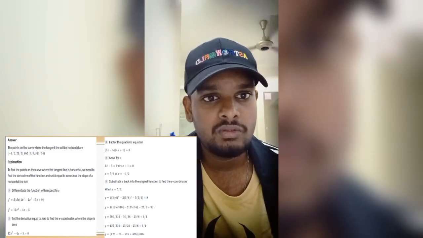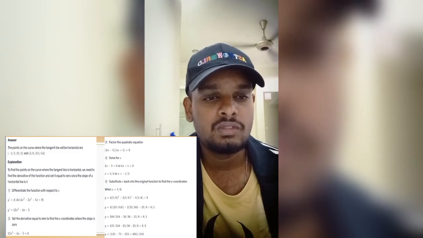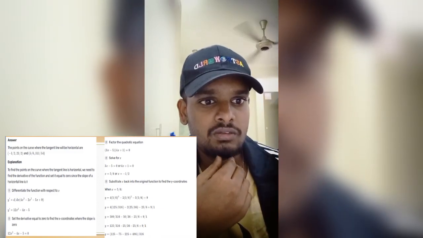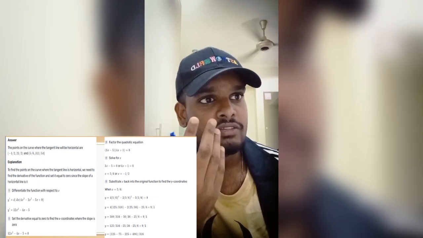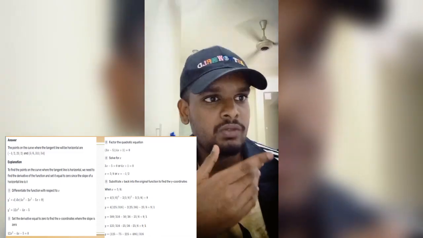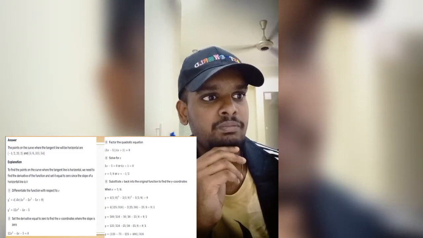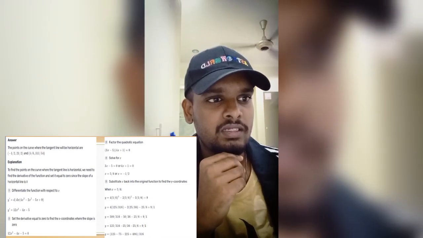Firstly, differentiate the function with respect to x. Secondly, set the derivative equal to 0 to find the x coordinates where the slope is 0. Next, we factor the quadratic equation and solve for x again. Then we substitute x back into the original function to find the y coordinate.